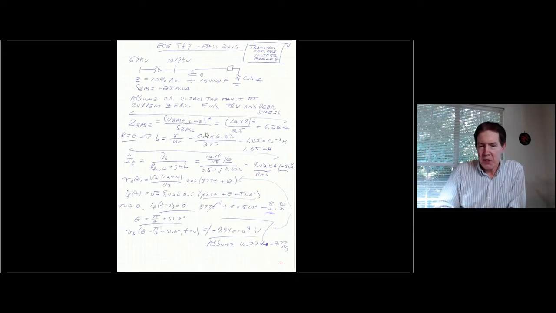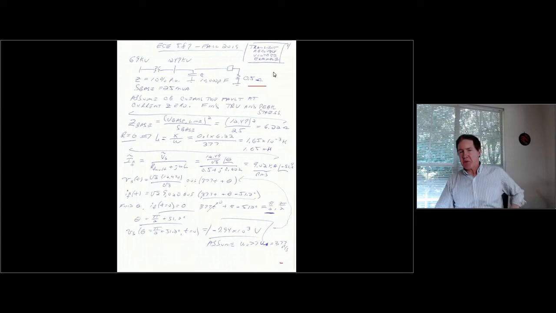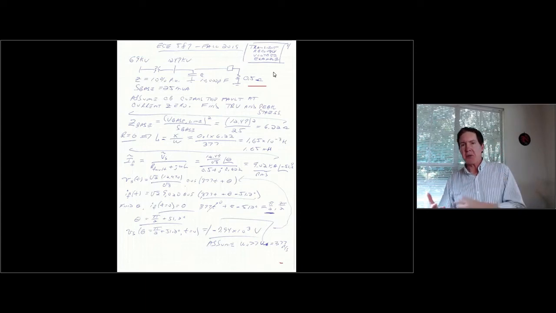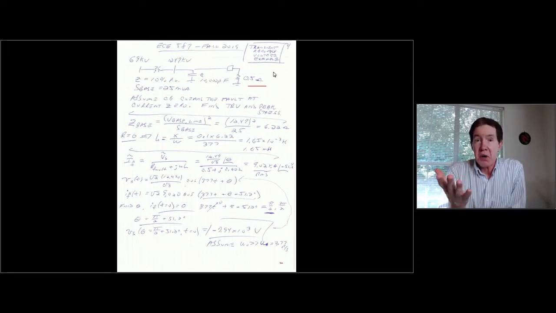Now, to make this problem a little bit more interesting, we've got a situation where we're going to have some fault resistance. This would represent a real life type of situation where, if we have a tree branch or whatever, it wouldn't necessarily go to 0 ohms.